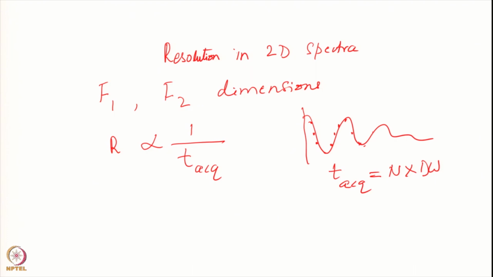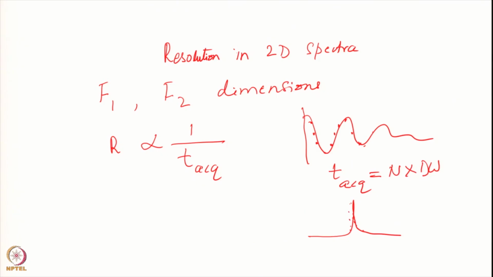So, if you collect more data points, you have better resolution in your spectra. Then you have a line like this, and these points come appropriately at various places in your line. Therefore, the line will be represented better and the resolution will be higher if you collect more data points.